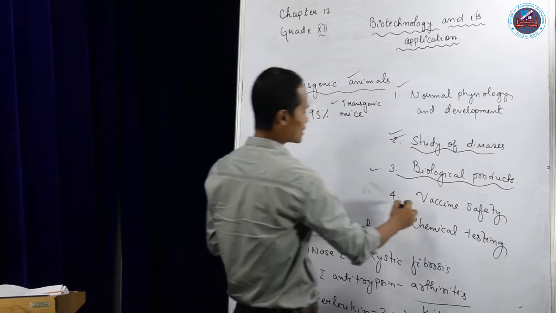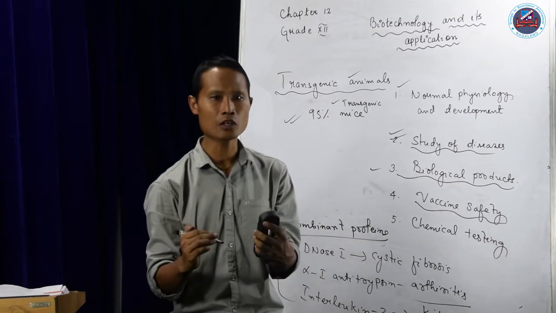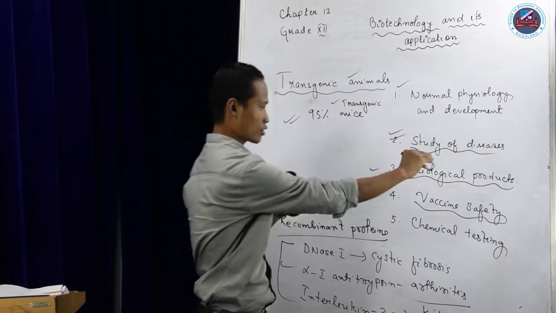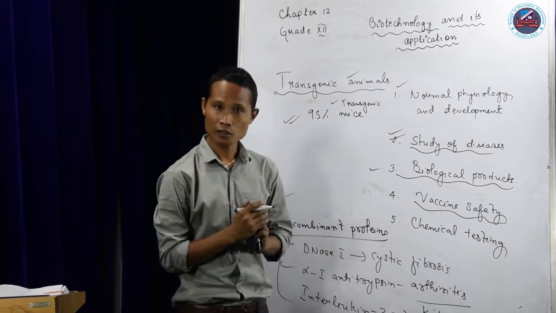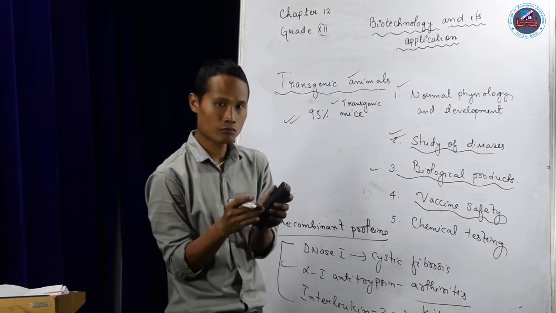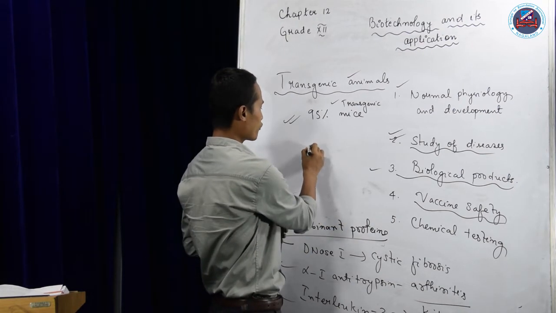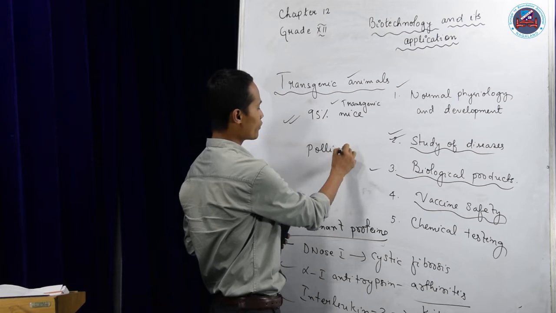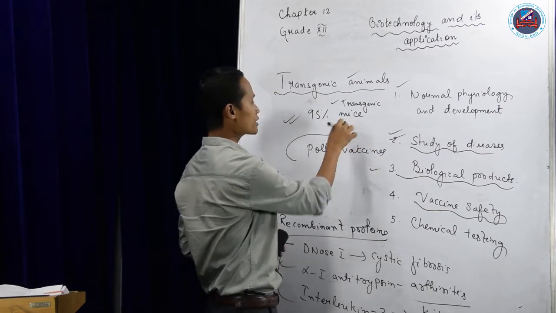The fourth one is vaccine safety. Once the vaccine has been developed, it has to be injected into the transgenic animals. We need a model, an animal having the same disease. So for the polio vaccine, when it was developed, we used transgenic mice.